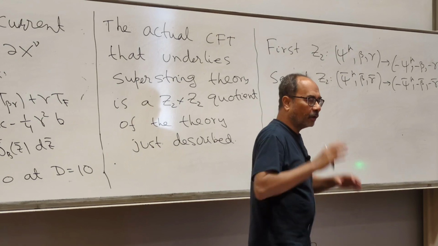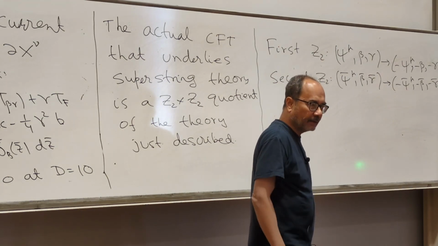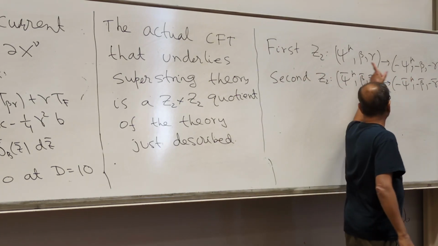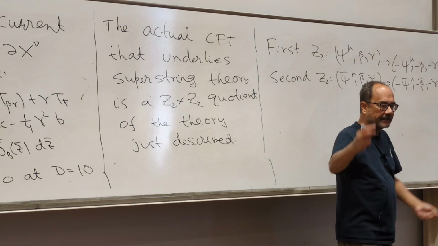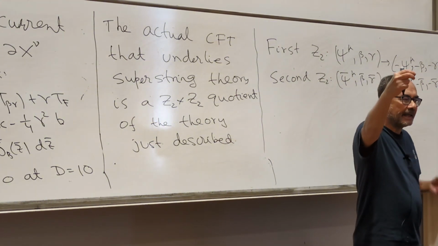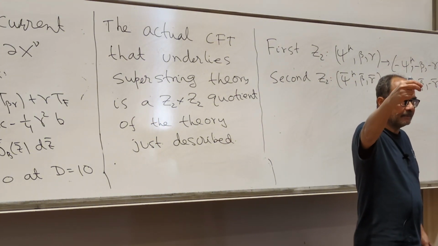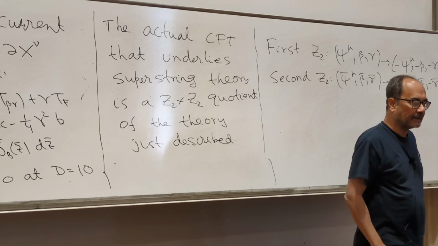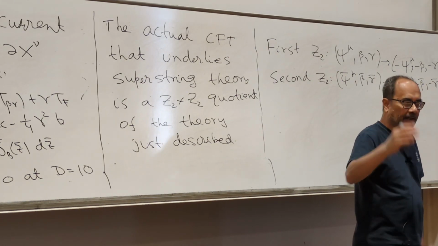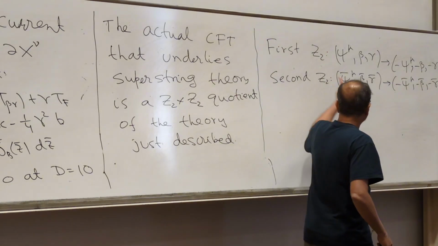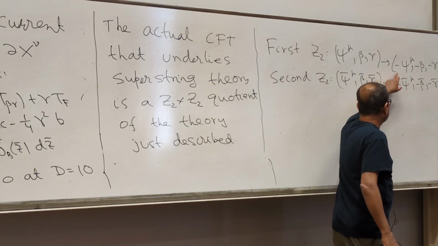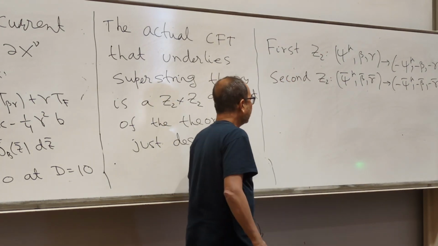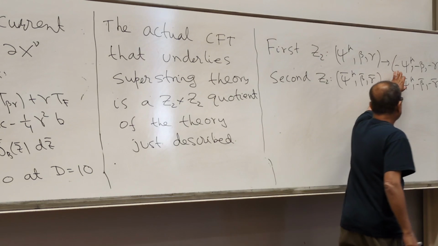This basically means that in the configuration space of the world sheet theory, we declare that these are in fact the same points. It's like if you have the physical space, you may identify x with minus x. That means that these two are declared to be the same point. That's a new space. It's not the usual three-dimensional flat space. It's a space with a conical defect. Here it's similar, except that this is happening in the psi mu beta gamma field space. We make identification in this field space.